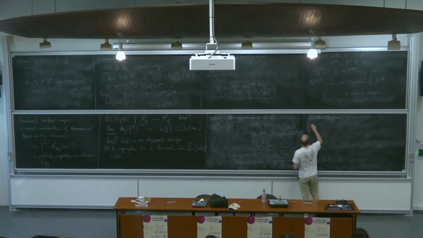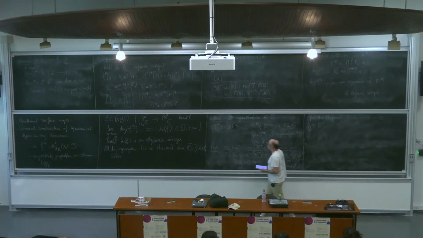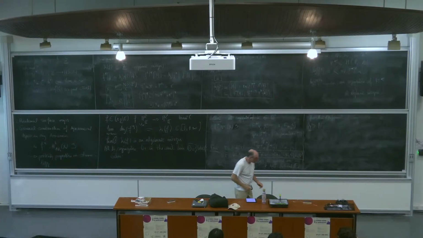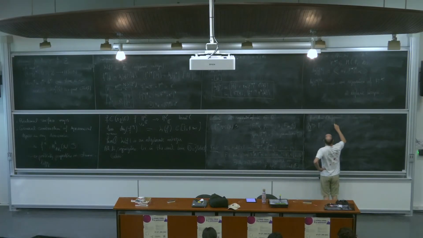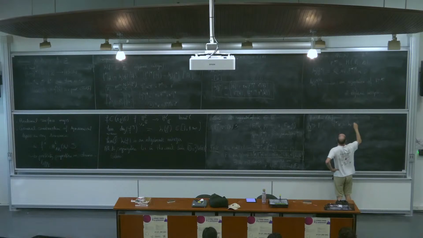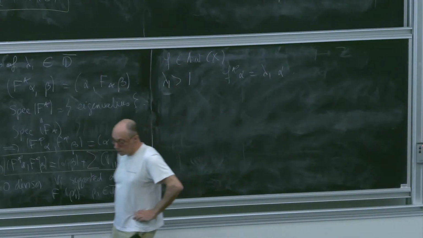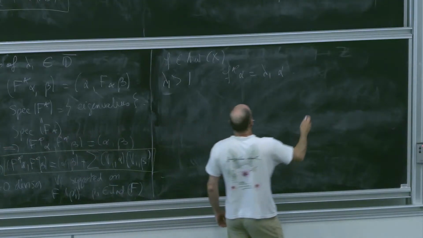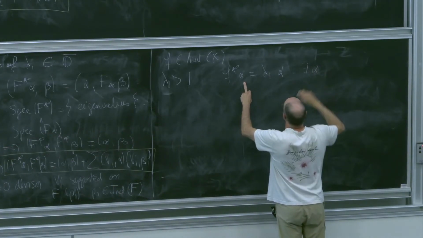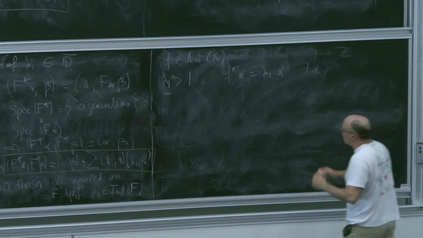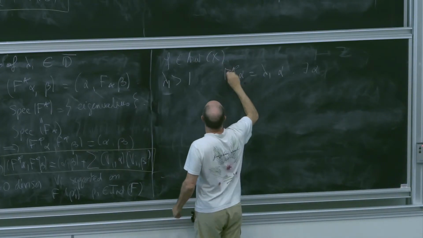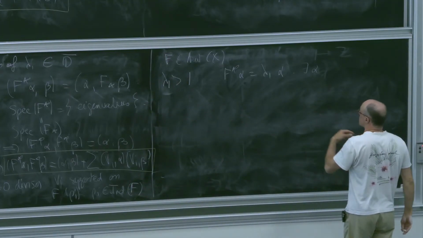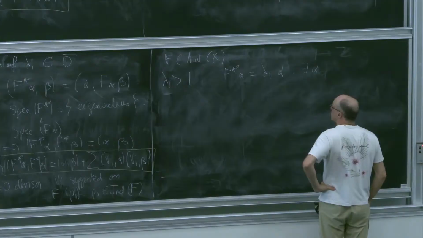Okay, so let me assume that lambda is greater than 1, otherwise there's nothing to do. I know that lambda 1 is an eigenvalue, it's in the spectrum. And so there exists an eigenvector alpha attached to lambda 1, whose pullback by capital F is lambda 1 times alpha.